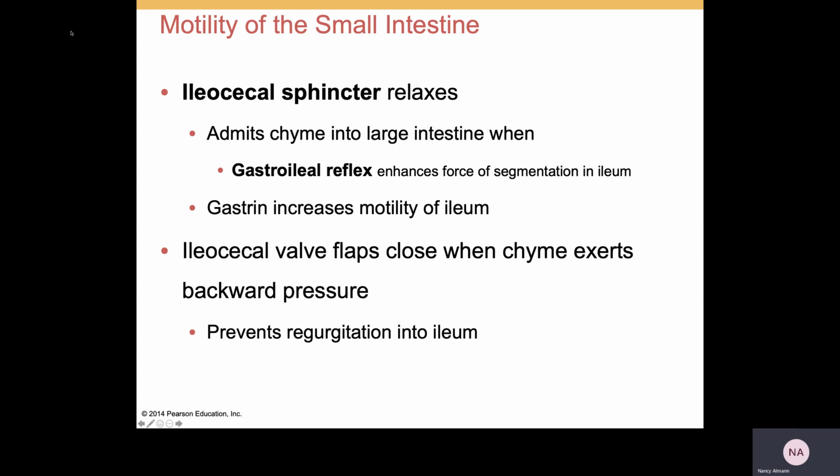Gastrin will increase the motility of the ileum. And then when chyme starts to exert backward pressure once it's in the large intestine, the ileocecal valve will close. That's important because you need to prevent regurgitation back into the ileum, because you don't want bacteria from the large intestine getting back up into the small intestine.